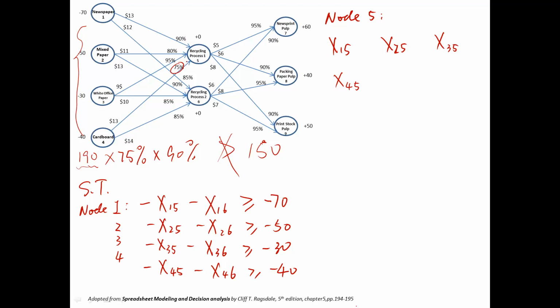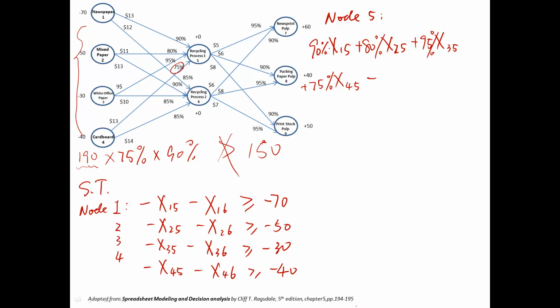So the actual inflow to node 5 should be 90% times x15, plus 80% times x25, plus 95% times x35, and 75% times x45. So these are the true inflows to node 5.